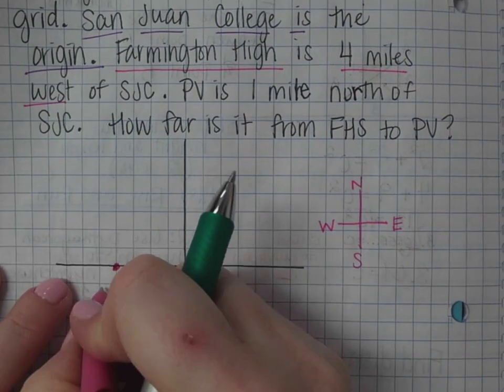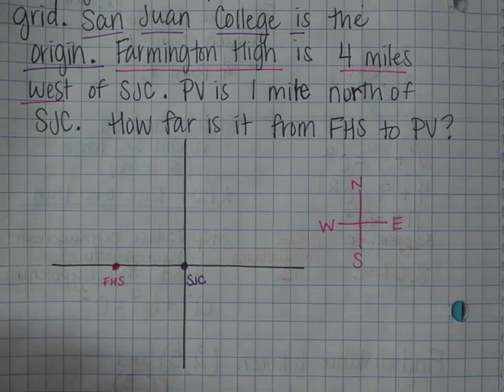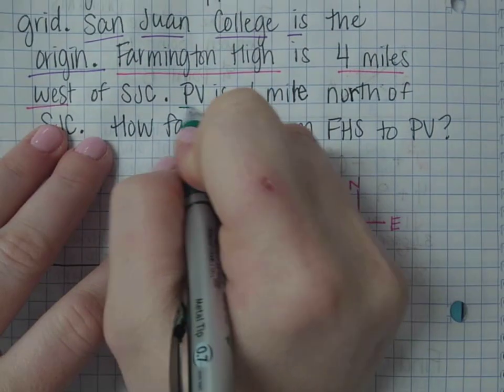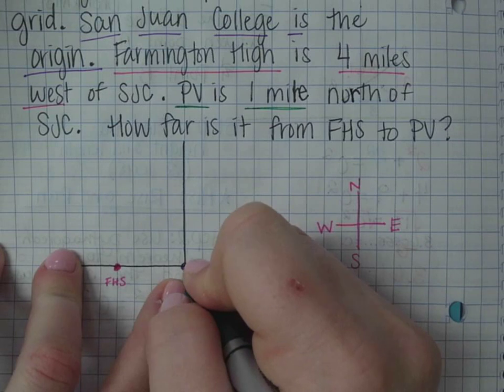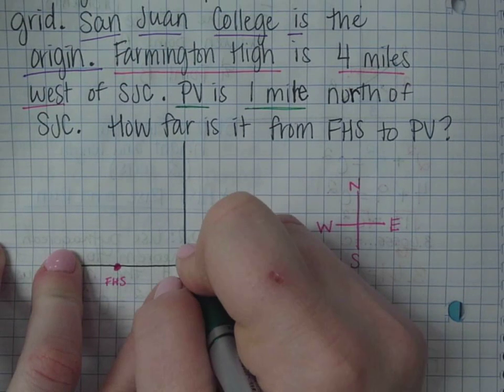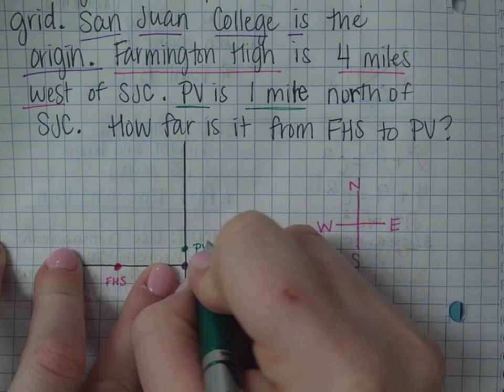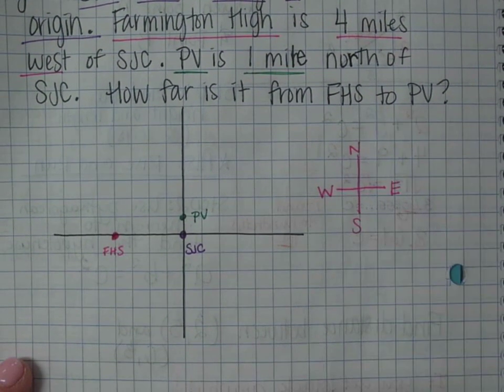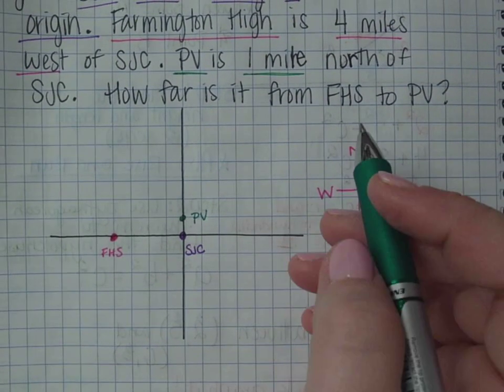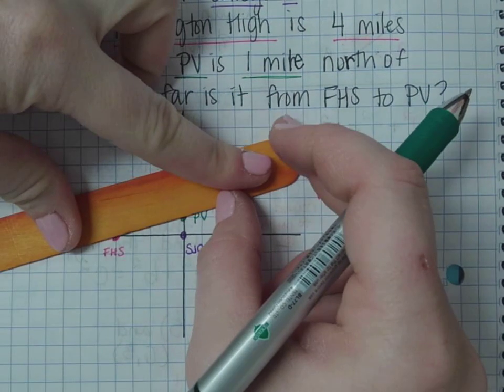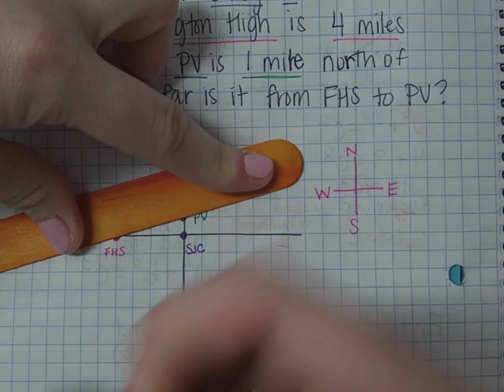And that's FHS. PV is 1 mile north of SJC. So 1 mile north. This is PV. Okay, and we want to know how far is it from FHS to PV. So we want to know this distance right here.